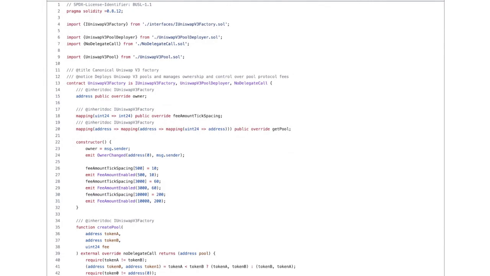SushiSwap added a few things, most notably the MasterChef contracts for staking your LP tokens to farm the sushi token. And with this new sushi token, they would take a little bit of the fees that the protocol generated and take them away from the liquidity providers and direct them to the sushi token stakers.